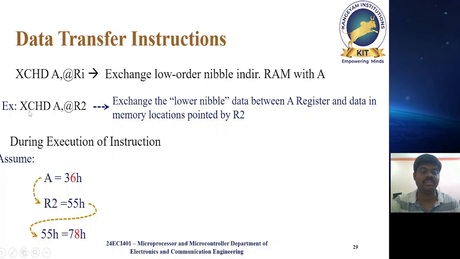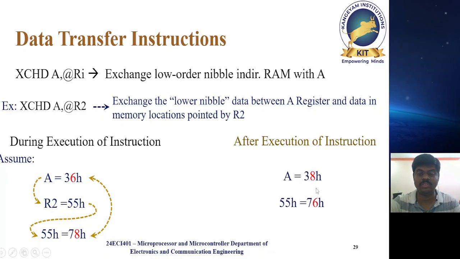So whenever the instruction XCHD is called, what will happen? This 8 from the 55 memory location and the 6 in the A register, which are the lower nibbles in both cases, will be exchanged. After execution of the instruction, A will have 38 and the 55 memory location will have 76.